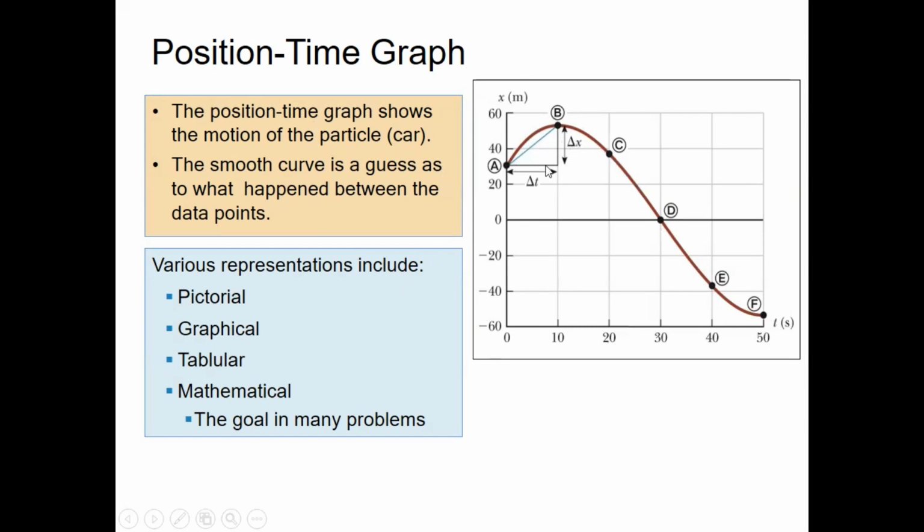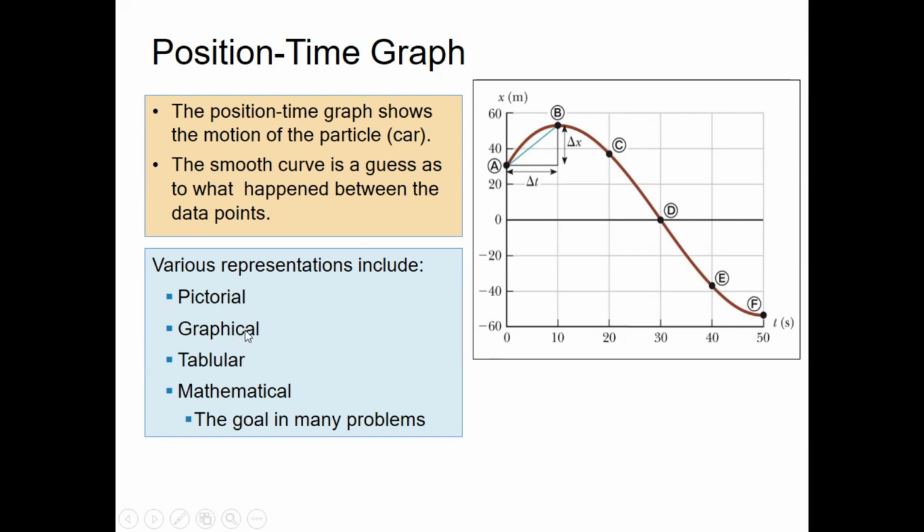There are several representations for telling this story of position versus time. One is pictorial, the other is graphical. One is a case in which we take snaps at each time, and then we display.